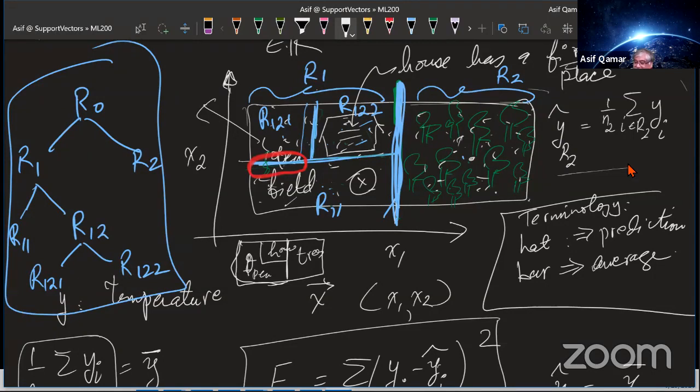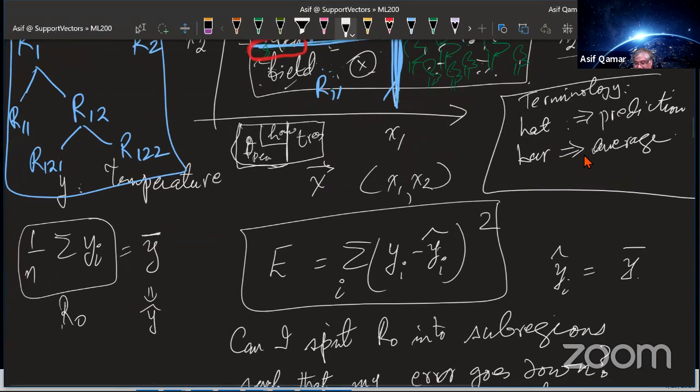So if that is your prediction, you can quantify your total errors by taking the actual value and subtracting the average from it, which is your prediction, and the gap is the residual. So far, so good, guys. Any doubts about this? By now, this should look pretty obvious, right?